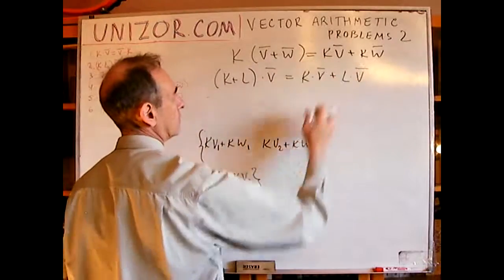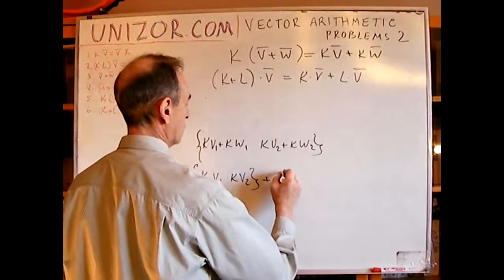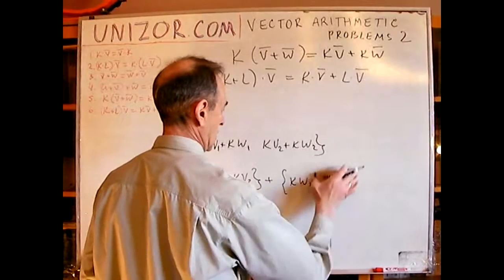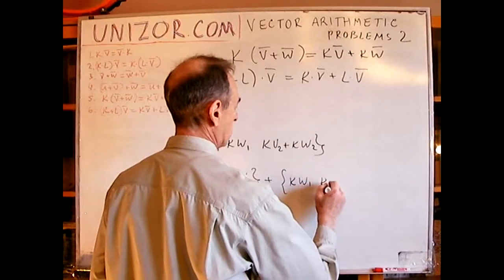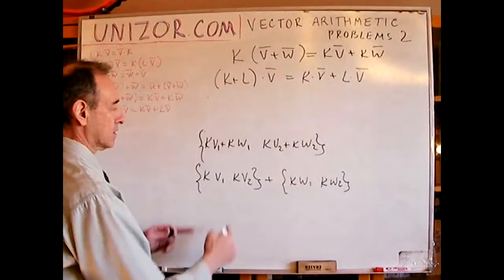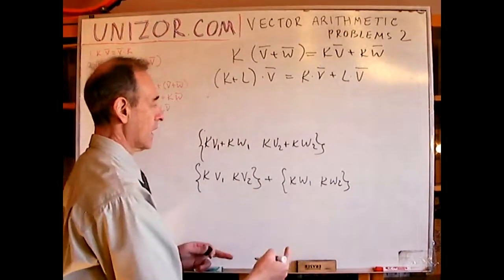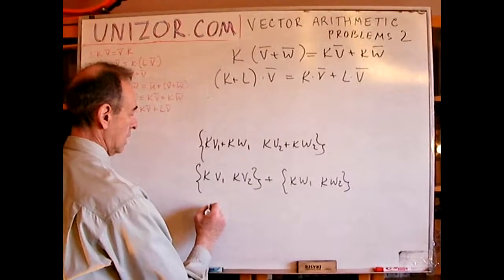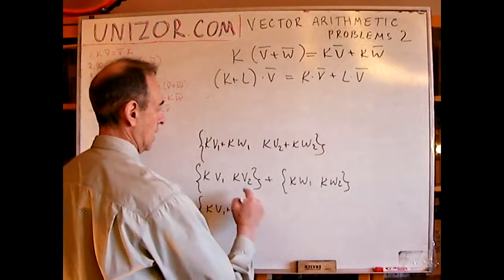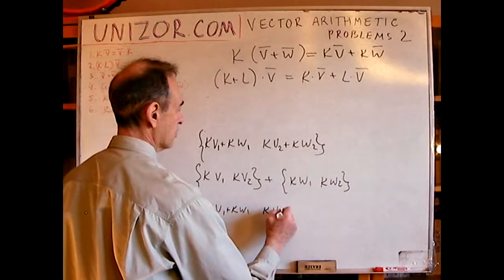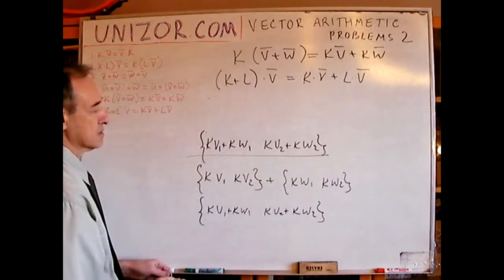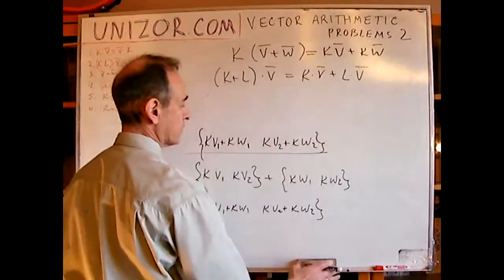That's this vector. And I have to add kw1, kw2. And when we add vectors, their coordinates are added together. So it would be kv1 plus kw1. And the second coordinate would be kv2 plus kw2, which is exactly the same as this one. So that's the proof of the first line.